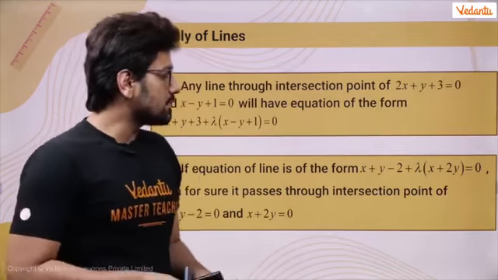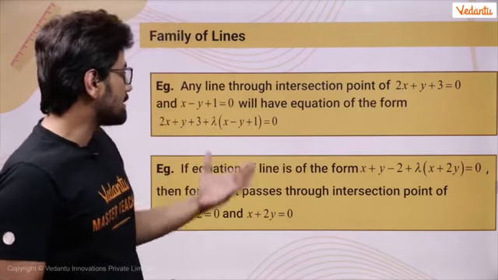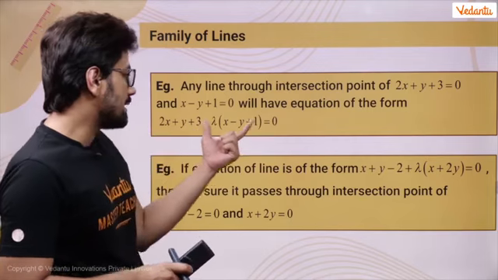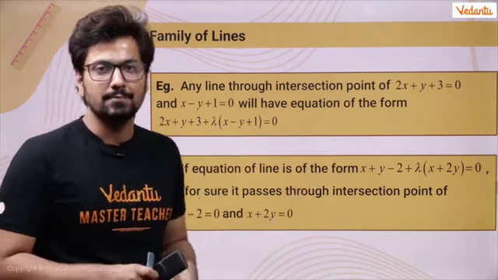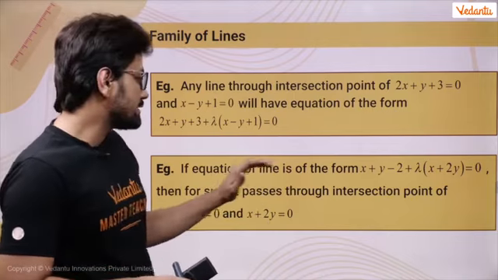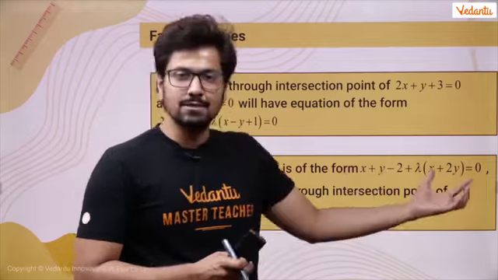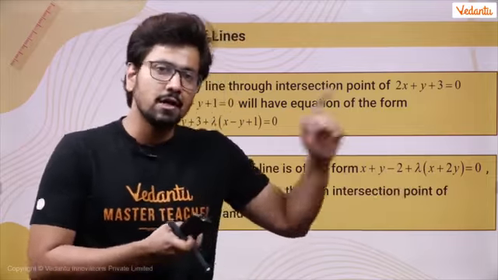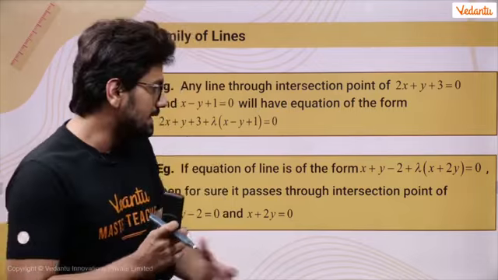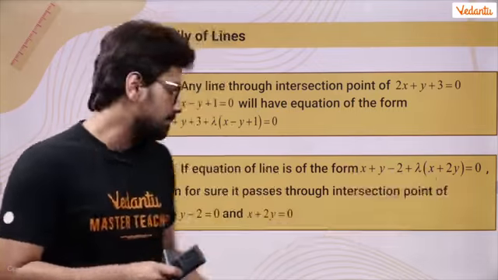Any line through the intersection of 2x plus y plus 3 equal to 0 and x minus y plus 1 equal to 0 will have an equation of the form L1 plus lambda times L2 equal to 0. And the vice versa is also true. If the equation of a line is given in this format, it is not the equation of one particular line; it is the equation of infinite lines passing through the intersection of x plus y minus 2 equal to 0 and x plus 2y equal to 0, right?